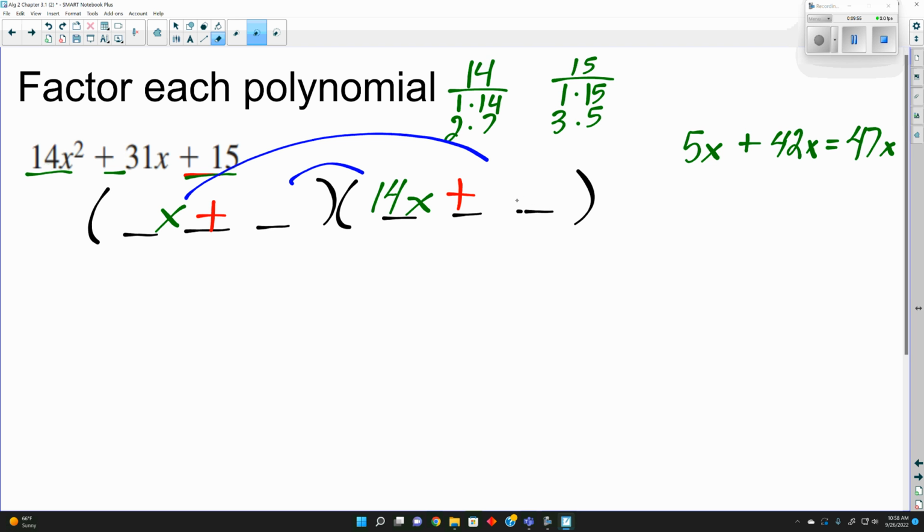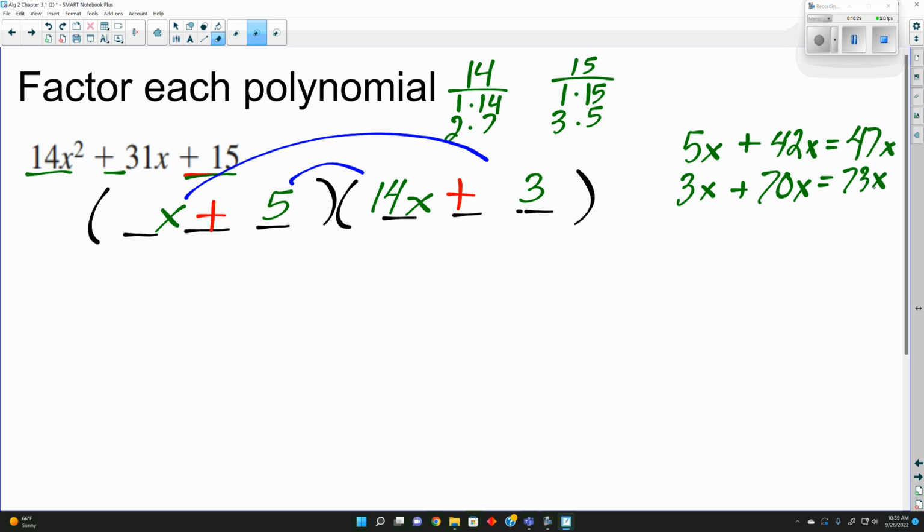So we can erase the 3 and 5 and put 5 and 3. Well, x times 3 is 3x plus 5 times 14x: 5 times 4 is 20, so 0 carry the 2. 5 times 1 is 5 plus 2 is 7. We'd put it with the 0, which tells us that this is 73x. Does that work?